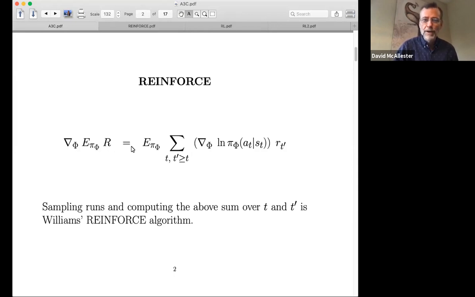And the REINFORCE algorithm says that's equal to the expectation, over behaving according to our current policy, of a sum over time and future times of the gradient of the log policy at the first time and the reward at the later time.